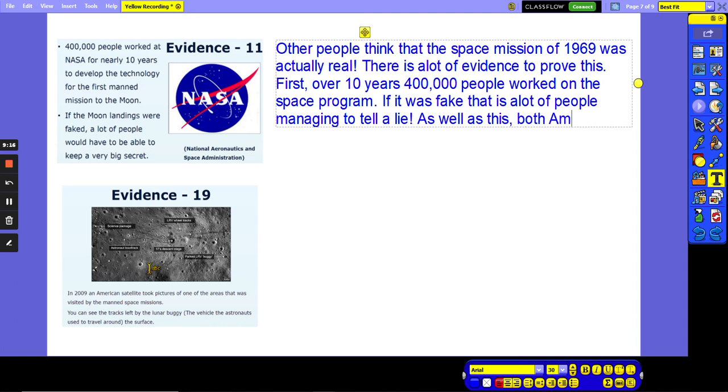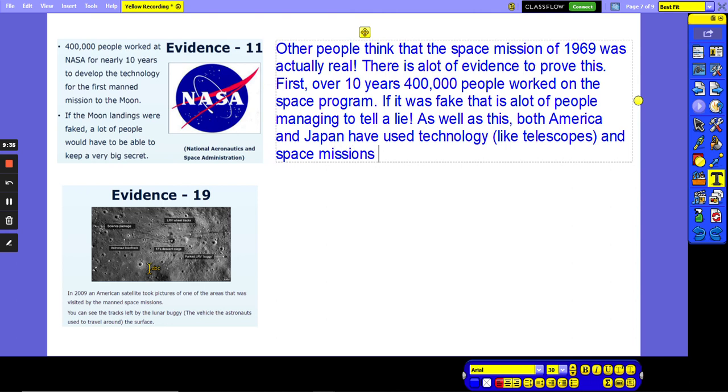So both America and Japan have used technology like telescopes and space missions and have seen the original tracks and marks made by this mission.